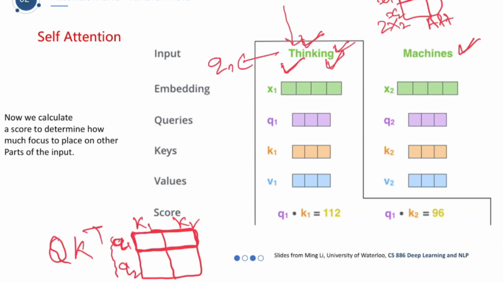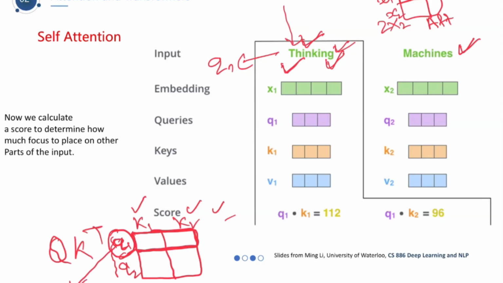And I have to take the keys of all these words because I'm going to ask every other word. So your goal is to refine x1 in the feature space. For refining x1, you are going to ask with x1, x2, x3, and so on. So your query is this.